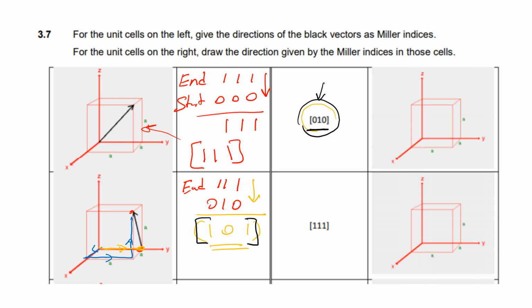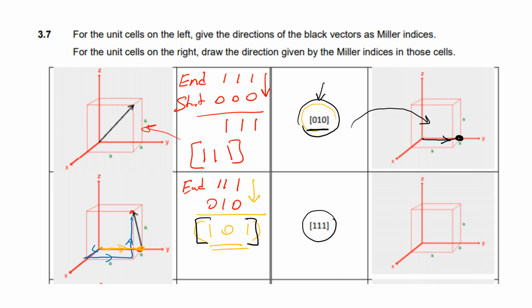X is 0, Z is 0, Y is 1. So this is the point, isn't it? So you start from the origin and you draw a line with an arrow, and this will be your direction. So when the Miller index is given to you, you should know how to draw the direction, and when the direction is given to you, you should know how to write the Miller index. Are we good? How can we write this one?